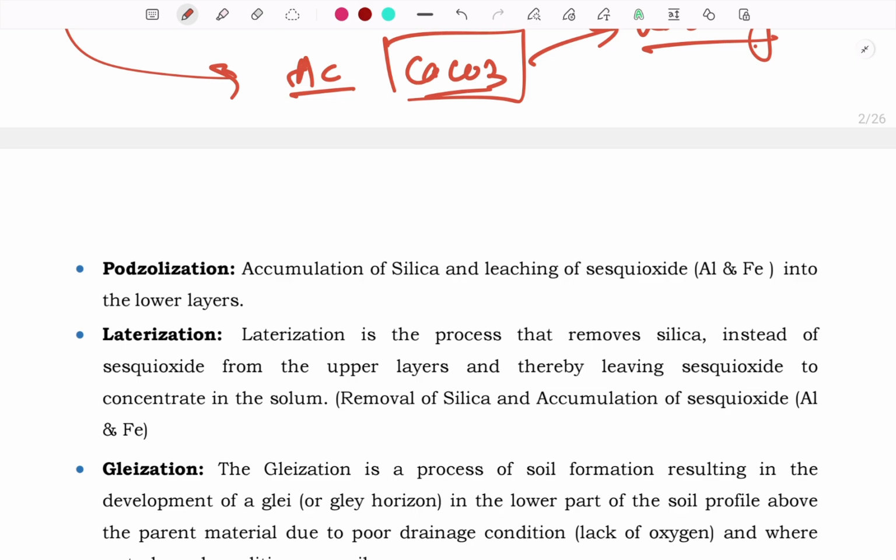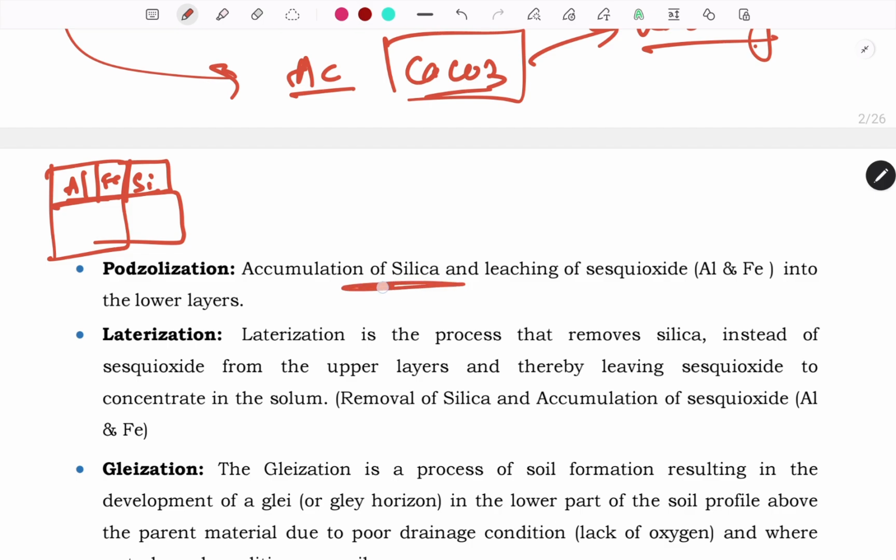Podzolization is nothing but, consider this is a soil layer. We have aluminium and iron here along with silica. It's an accumulation of silica and the leaching of sesquioxides like aluminium and iron.